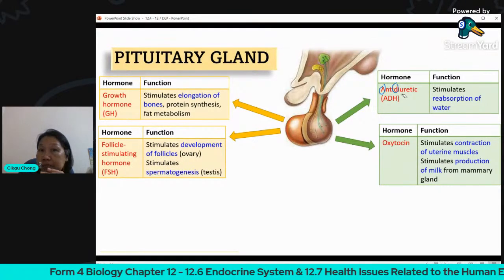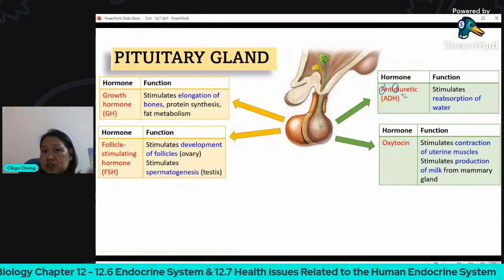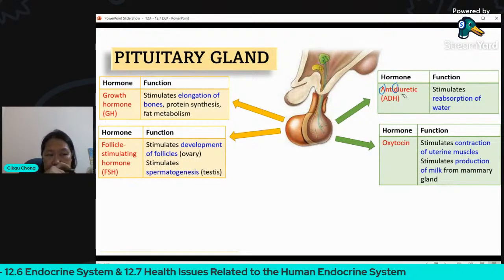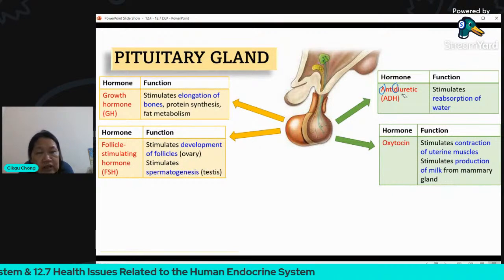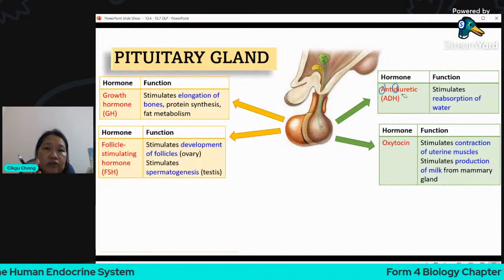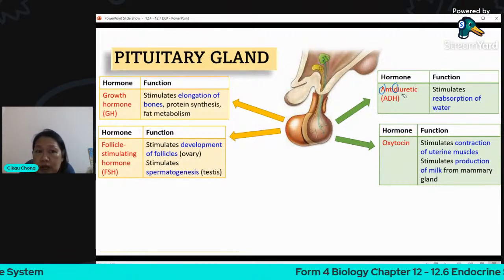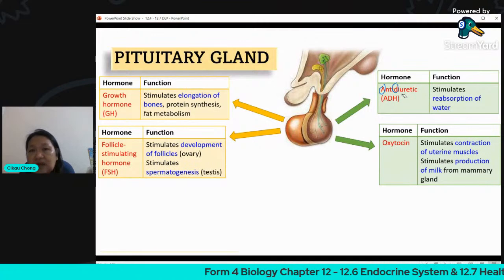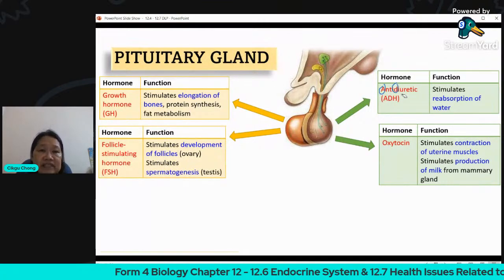So the follicle will become bigger. If you learn chapter 15, you'll notice that after the 5th day, when the menstruation stops, the follicle will start to grow. Follicles become bigger and bigger under the influence of FSH.